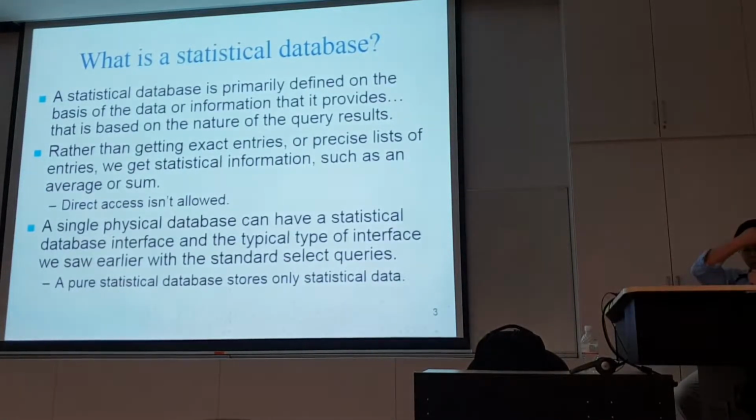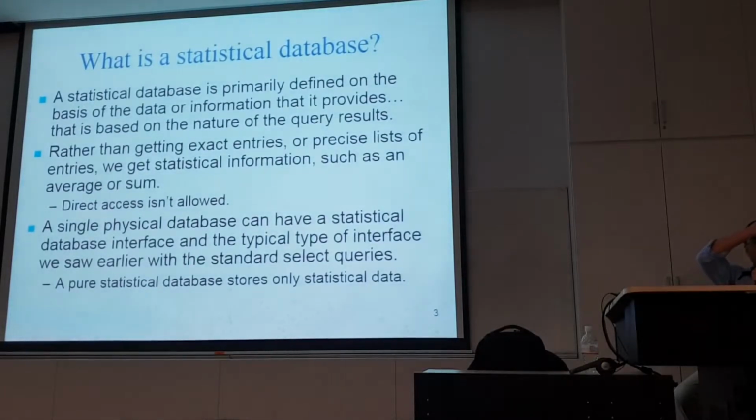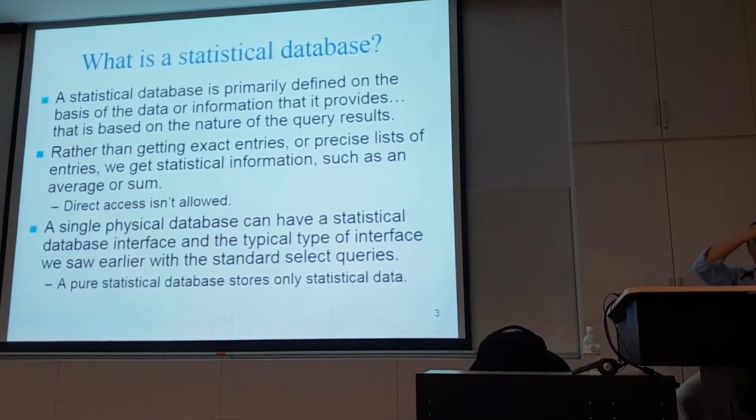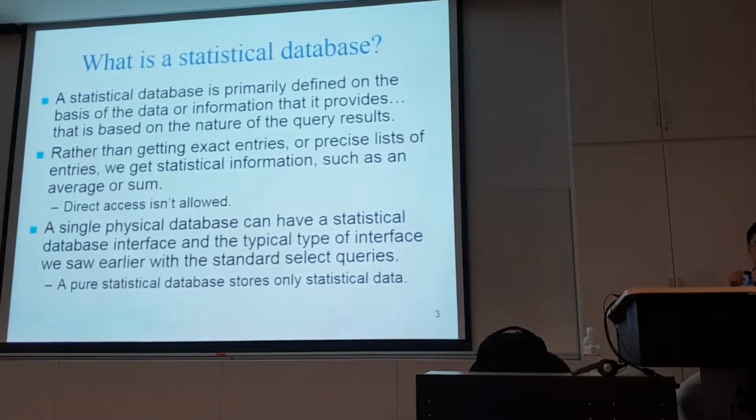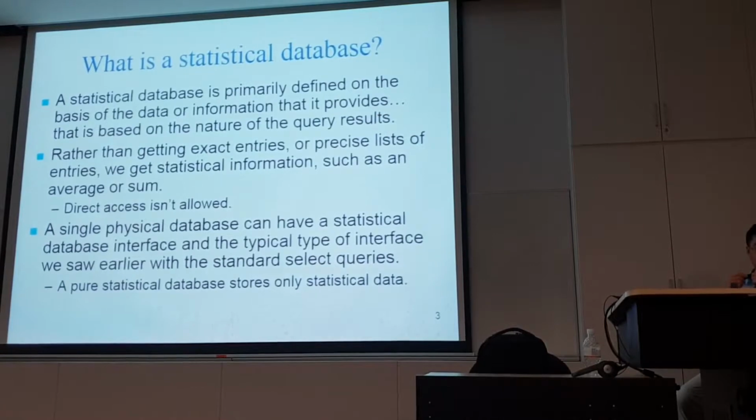So normal users cannot directly query the individual or accurate data. They can query statistical data from some interface or views created. On the other hand, people with authority can still access those sensitive or individual records.